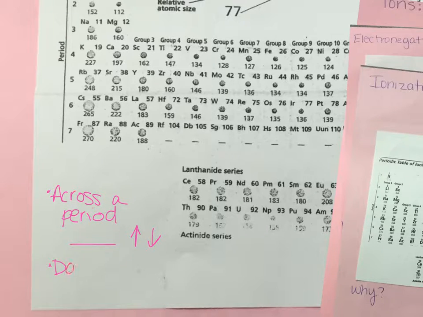Down a group, blank increases or decreases, and you're going to pick one or the other, okay? That's really what you're doing. You don't have to write the whole sentence if you don't want to, but that's what you're trying to do. Each one of these periodic tables has a different title. Look at the titles and use that for those blanks, okay?